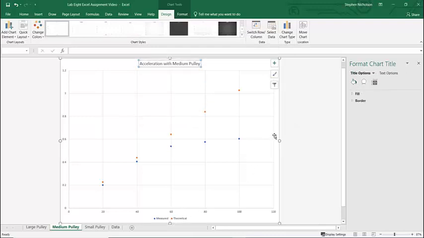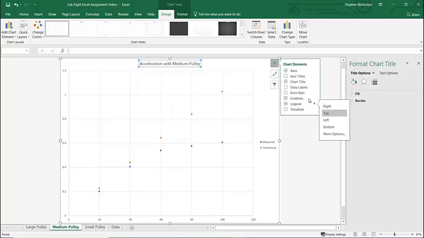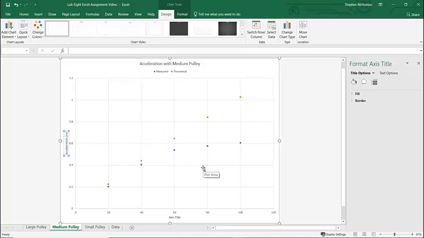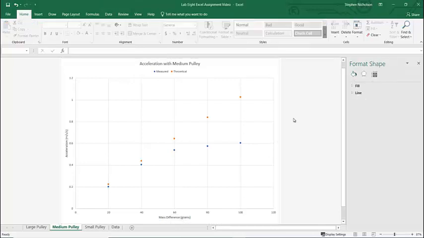So now the names are correct. Look at the little plus sign, change the legend to the top, and we put axis titles on. Okay. So acceleration in meters per second per second, and then did I put parentheses? Yes, I did. Down here we have mass difference in grams. So that one's done.